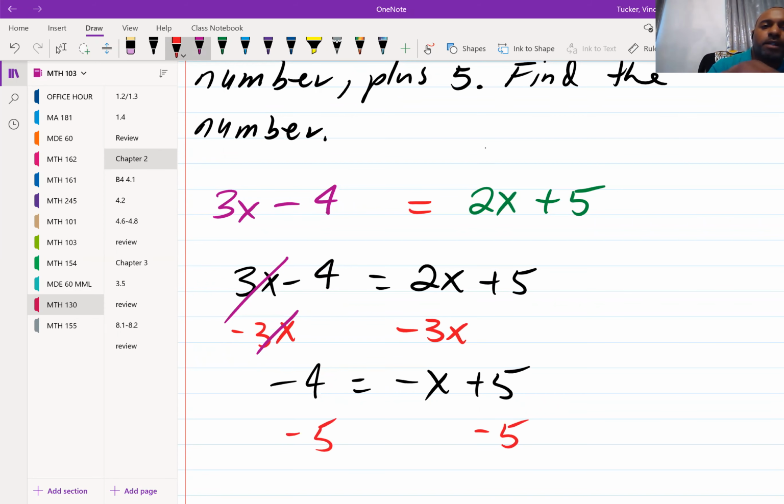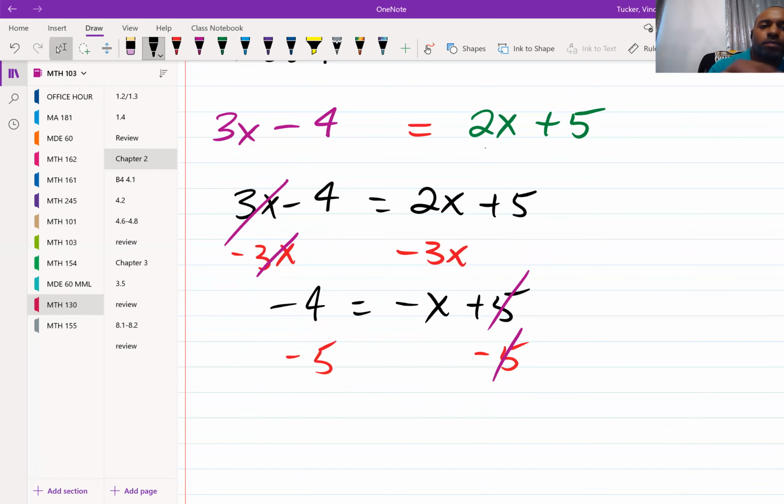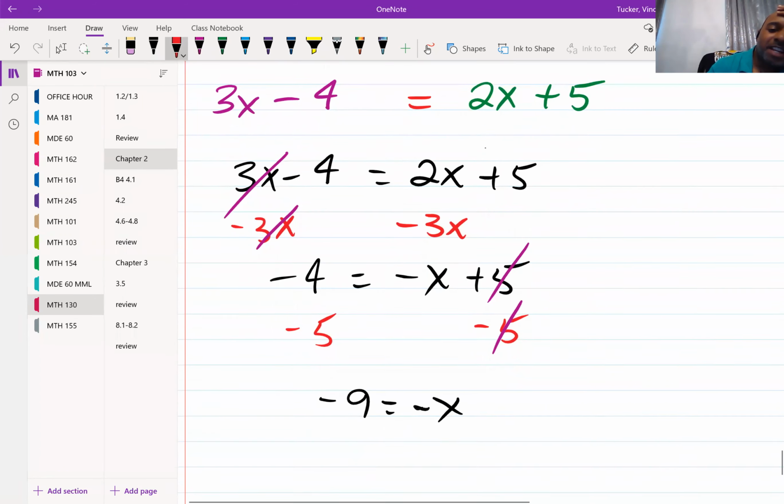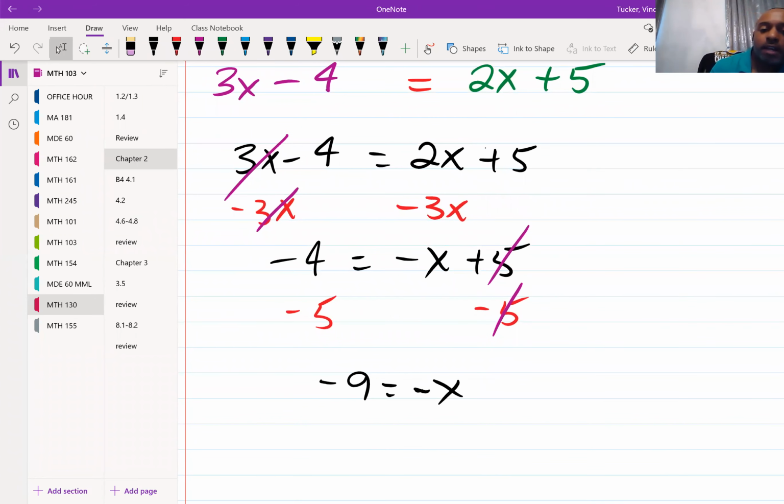Subtract 5 from both sides. -9 equal to -x. All right, and so since we're solving for x, not -x, we'll take this negative and shoot it over to the other side. So negative to a negative for that 9 would be +9 equal to x.